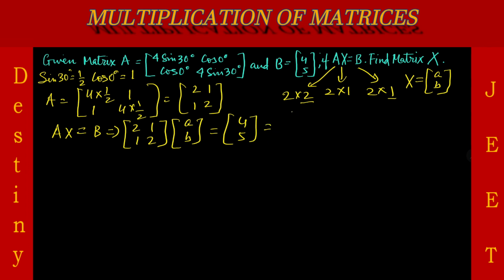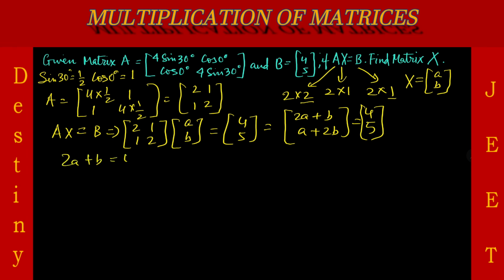From this we get 2a plus b, a plus 2b is equal to 4, 5. From this we get two equations, 2a plus b is equal to 4 and a plus 2b is equal to 5.